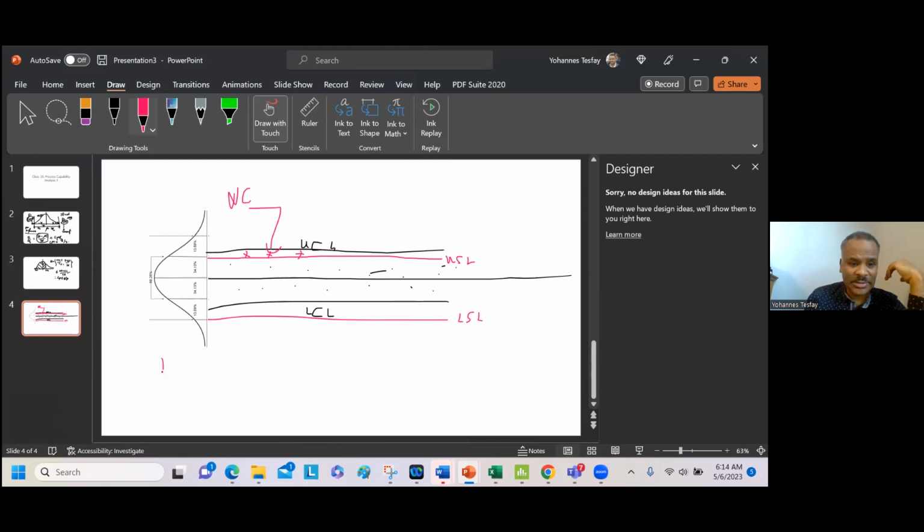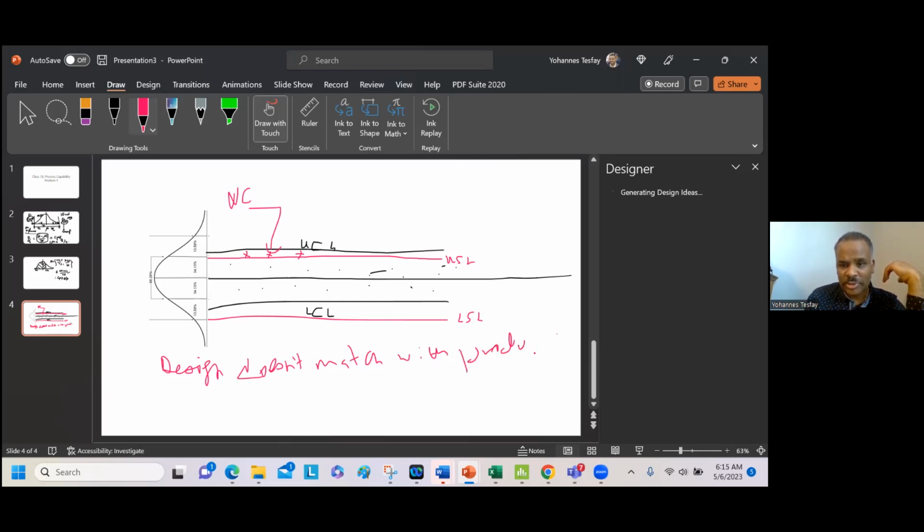The design doesn't match with production. So here we have like what?